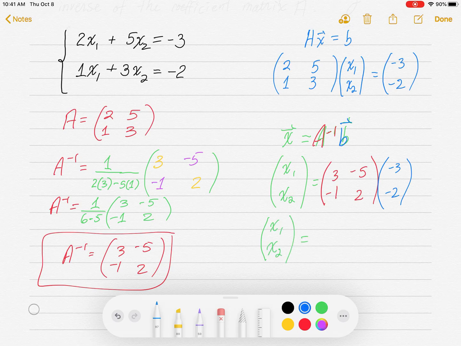It was -3, -2. So let's go ahead and multiply that matrix times that vector.